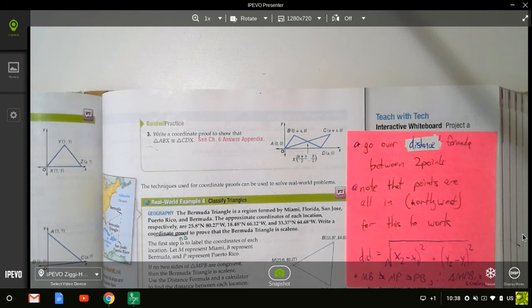If that's a 2, it's supposed to be squared. So I do this. I spread them apart. And then take the square root of what they are added together. Okay, good.